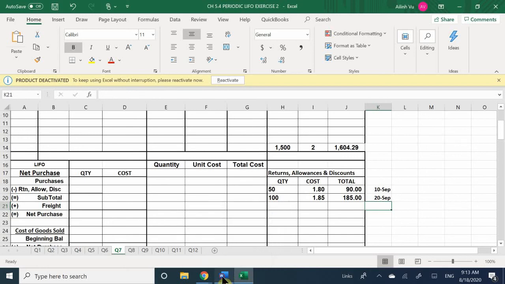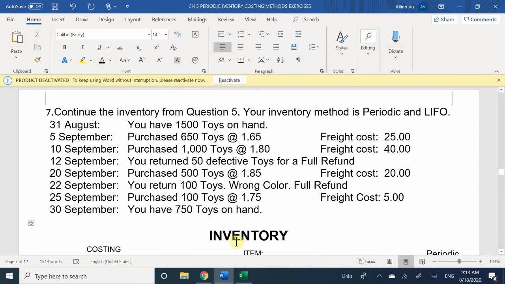All right, what happened next? 750 on hand. Oh, we skipped one. We're on the 25th of September. Yeah, sorry, 100 purchase. Purchase for $1.75, $5 freight.